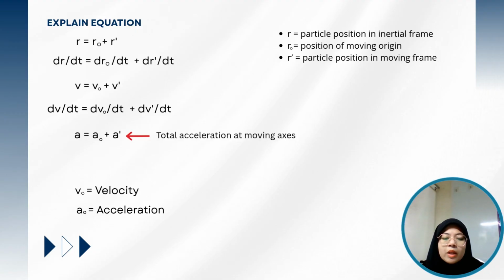Based on R, R naught and R prime, we have the equation R equal to R naught plus R prime, and we must differentiate it to get the velocity. dR over dt is equal to dR naught over dt plus dR prime over dt, and we get velocity v equal to v naught plus v prime, and again we must differentiate to get acceleration, and we get a equal to a naught plus a prime, the total acceleration at the moving axis. We must know that v naught represents velocity and a naught represents acceleration of the axis.